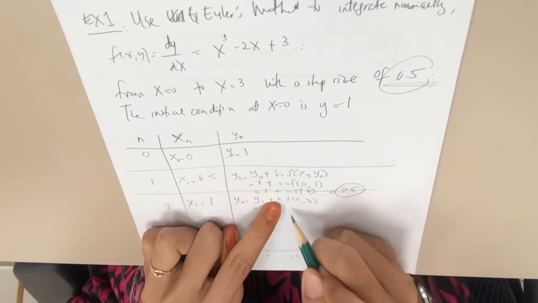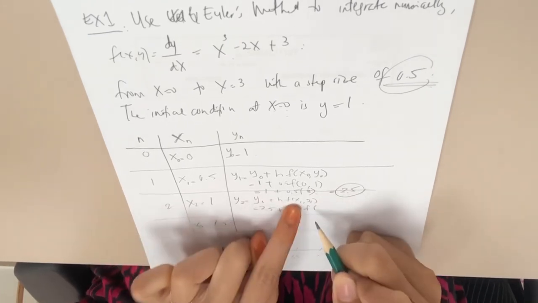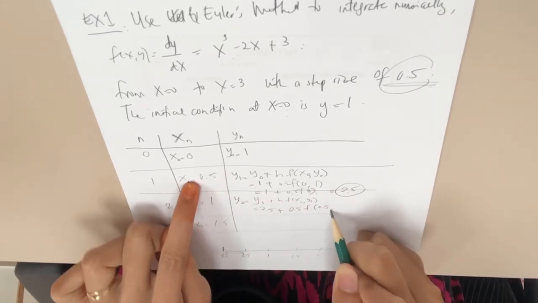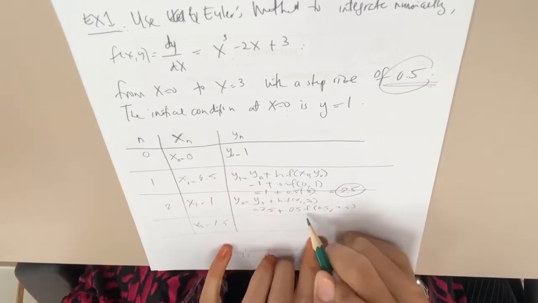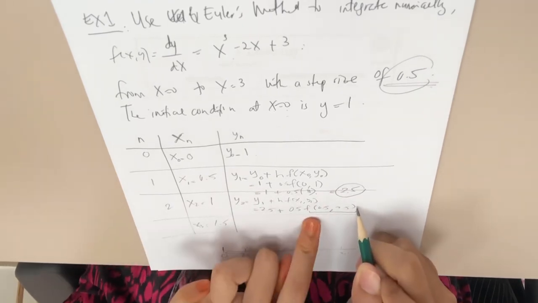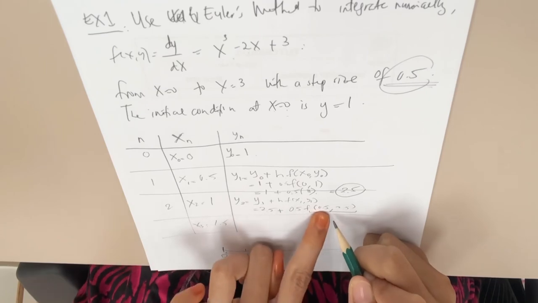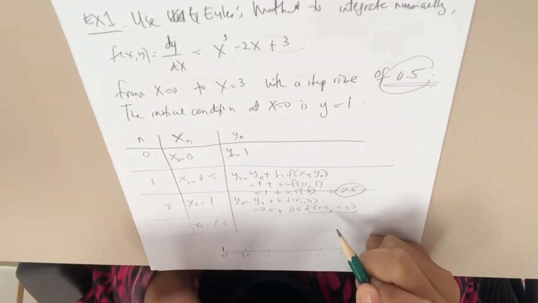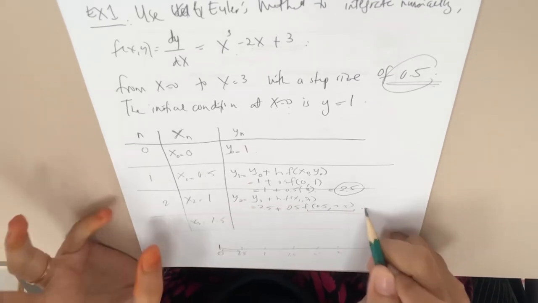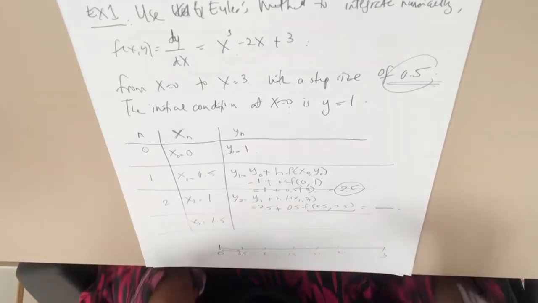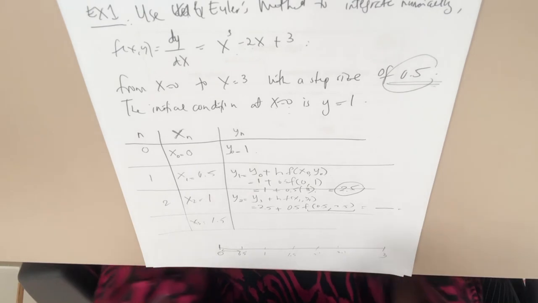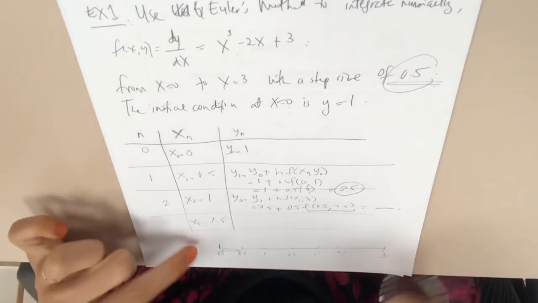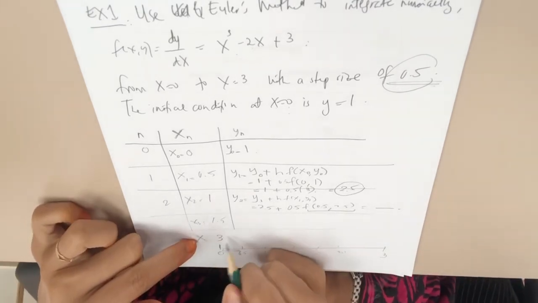Your h still remains 0.5. x1 is 0.5 and y1 is 2.5. So you substitute 0.5 into this equation and you will get a new value. Then you add it up and you will get the answer. Then you repeat the same thing until you reach x equal to 3.